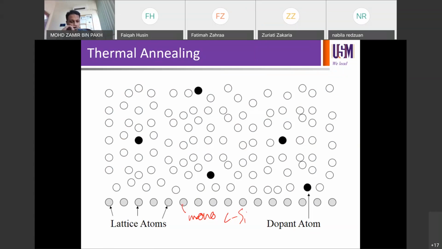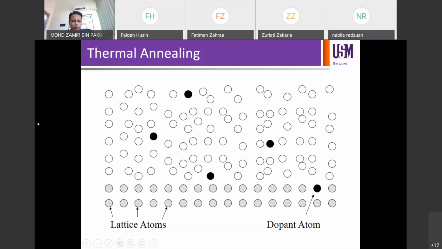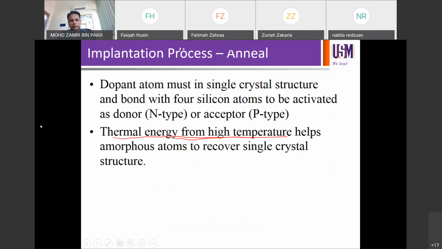So the moment you incorporate a dopant, for example, if you say this one is phosphorus, then this one is also phosphorus, right? So you can see that the lattice is now being distorted. So by applying high thermal energy, to repair the defects, this can be done by a process that we call annealing.